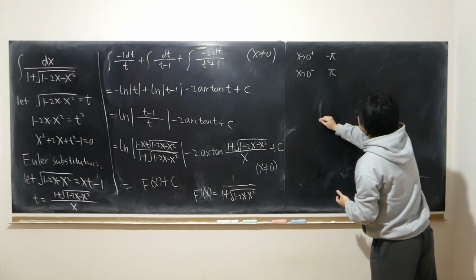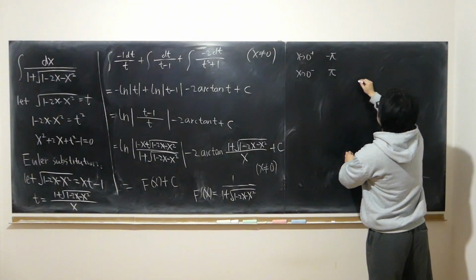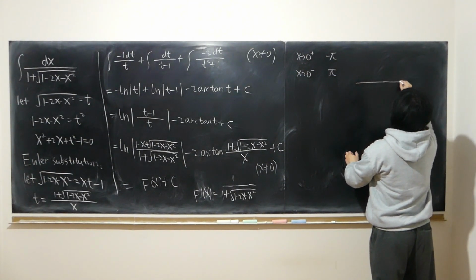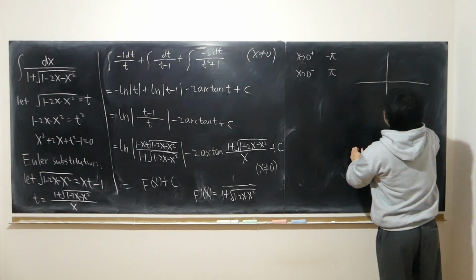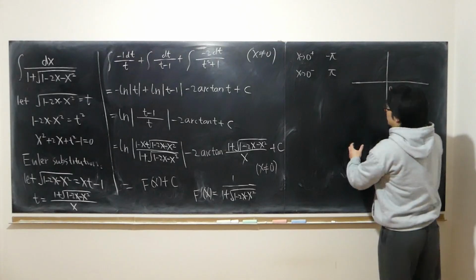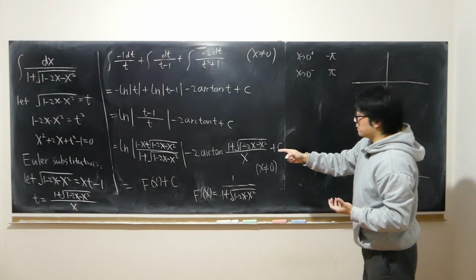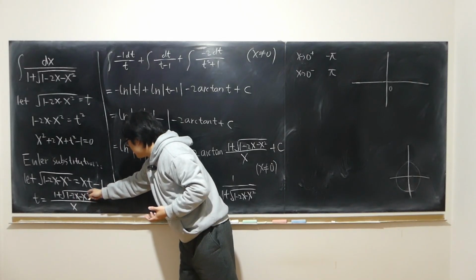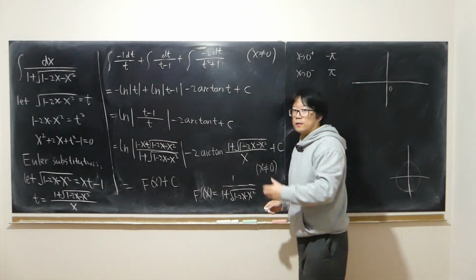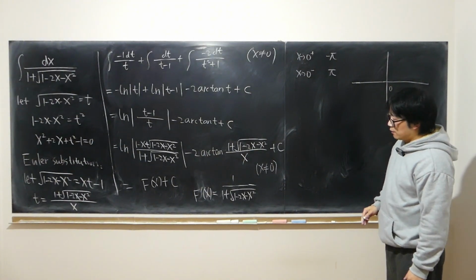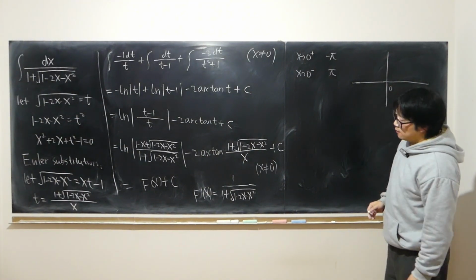Roughly speaking, the graph is not accurate, but just a rough illustration. It'll look something like this. Maybe it'll even have a restriction for x, because you have a square root, 1 minus 2x minus x squared. It has to be positive. So it's like a quadratic function facing downwards.